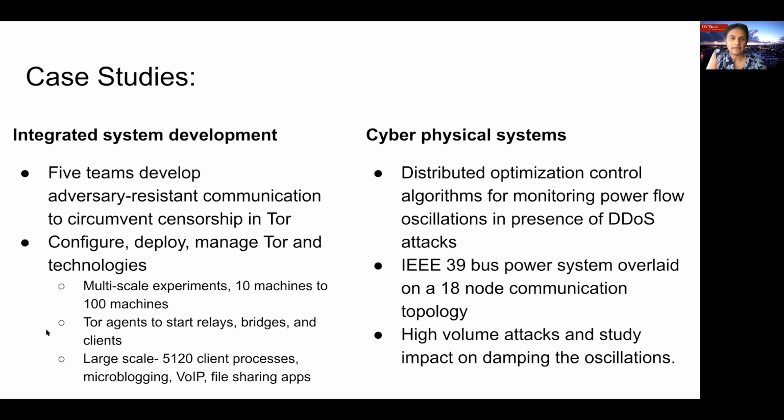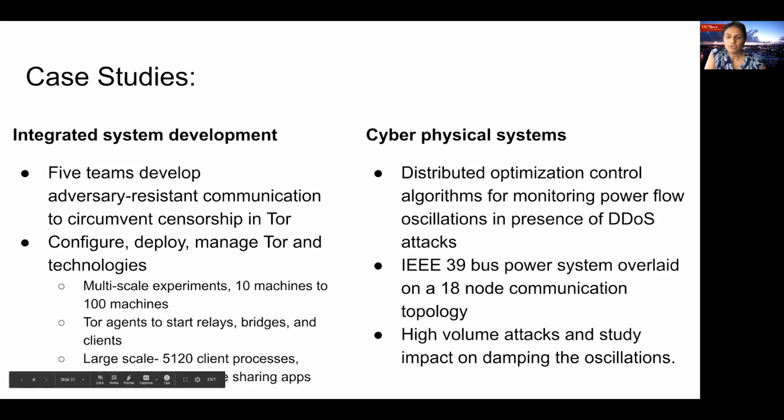These experiments ranged from 10 nodes to 100 nodes on the system, and the Magi agents completely orchestrated the experiment, from not only bringing up the full Tor network, but also deploying the technologies by the 5 teams and ensuring that there was cross traffic, which included microblogging, voice over IP, and file sharing applications.